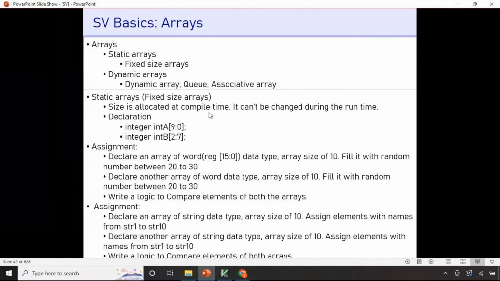If I say this room is a static room, even before the class starts, how many chairs will be there? 30 chairs, fixed. That's what makes it static. There is no provision after class starts to bring in 5 chairs or take out 5 chairs. That is called compile time.